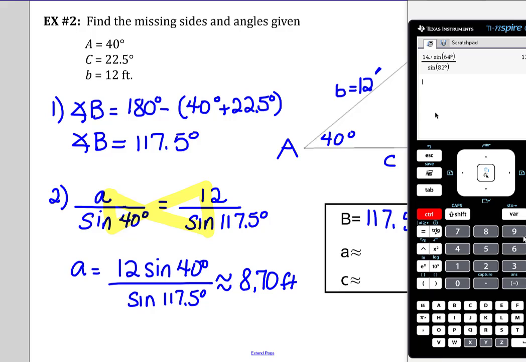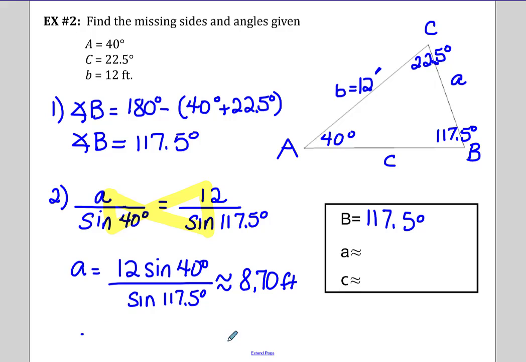So we got a fraction, 12 times the sine of 40 degrees divided by the sine of 117.5 degrees is 8.696, so I've rounded that up to 8.70 feet.